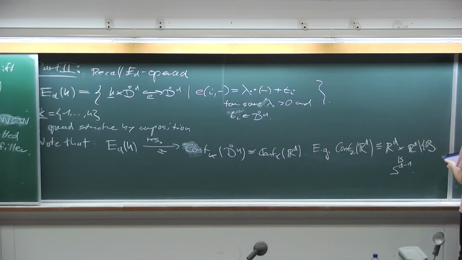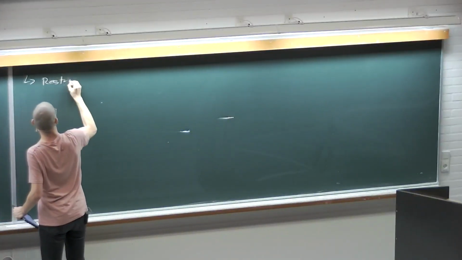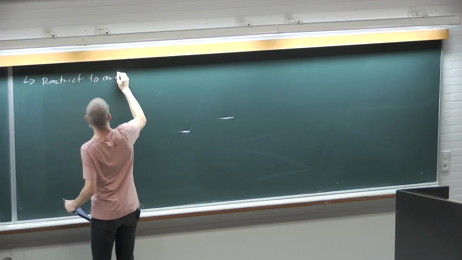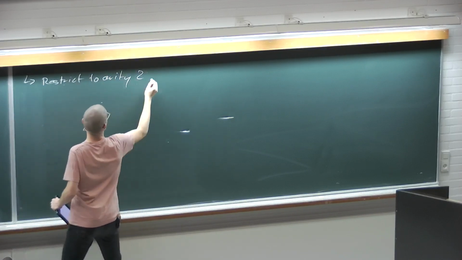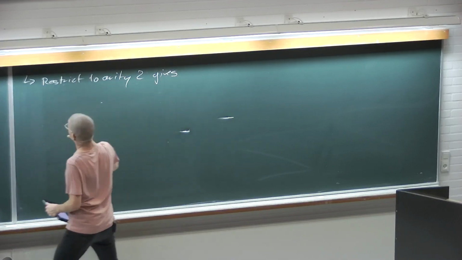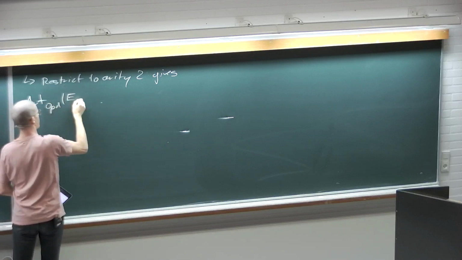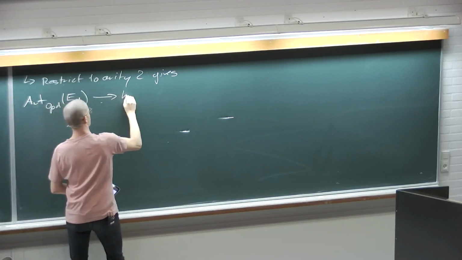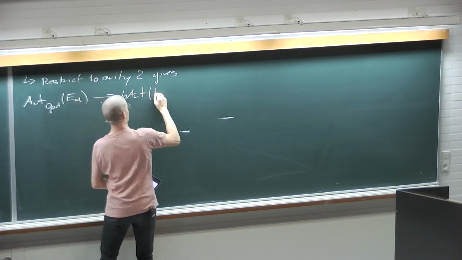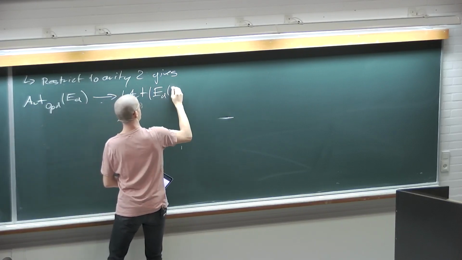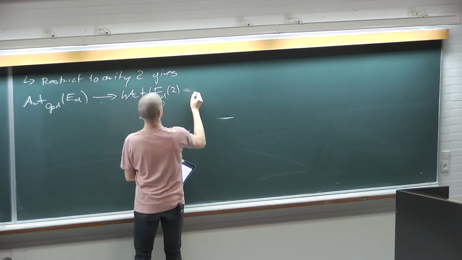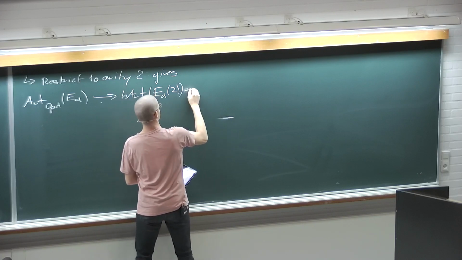Okay. So what this means is if I restrict to arity 2, then an automorphism of E_d in the category of operads in particular gives me a homotopy equivalence of the binary operations, which is just a sphere.